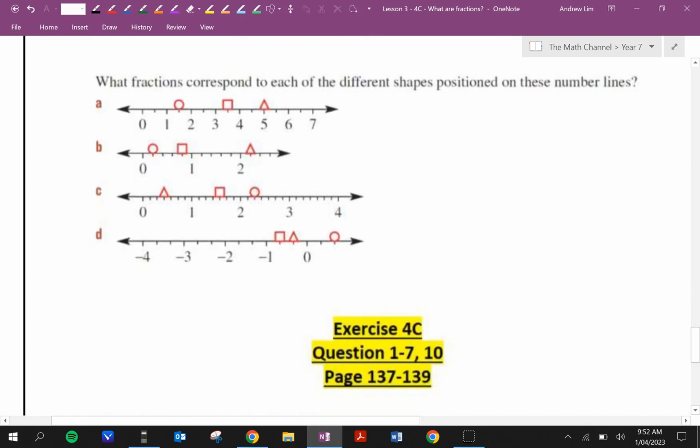Last part of this lesson. What fractions correspond to each of the different shapes positioned on these number lines? So this is what I will do. Let's first create a table. We got a circle, a square, and a triangle.